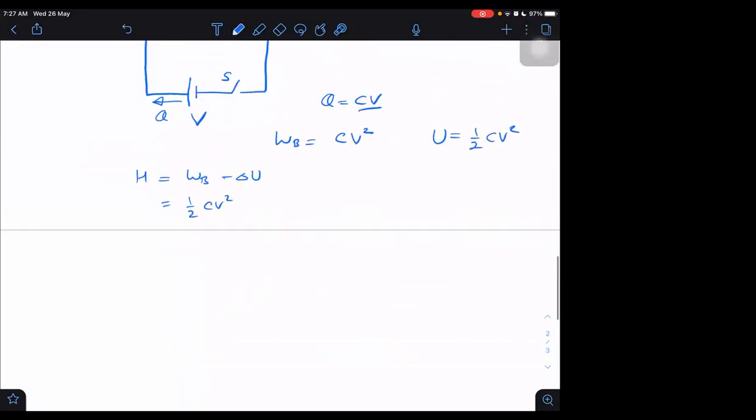Next we have one more example. If I have capacitor plates which are already charged, these were having some initial charge, let us say Q naught.